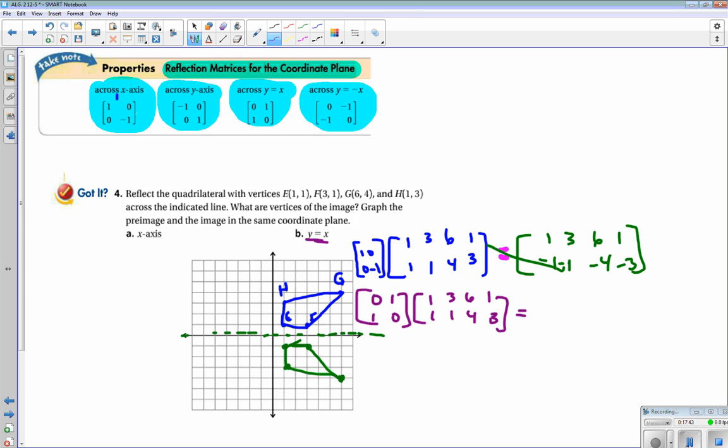So when I do that in my calculator, I get 1, 1, 1, 3, 4, 6, and 3, 1. So let's see how that looks. So I got 1, 1, 1, 3, 4, 6, and 3, 1.